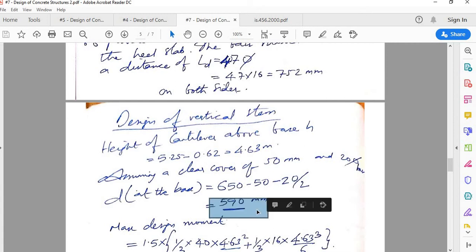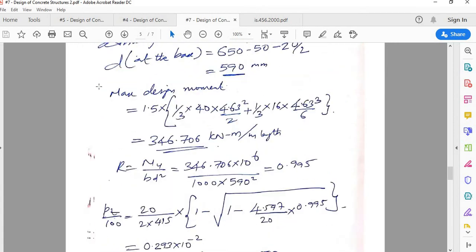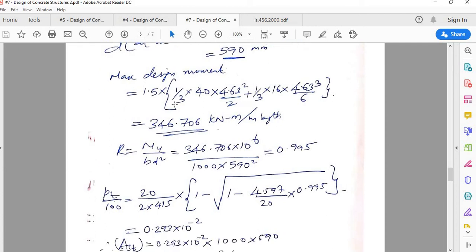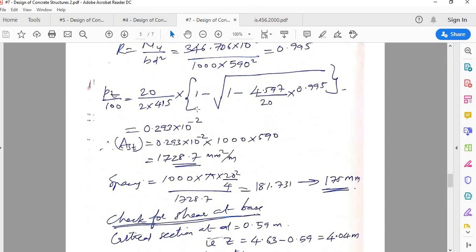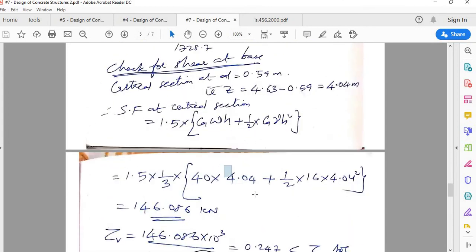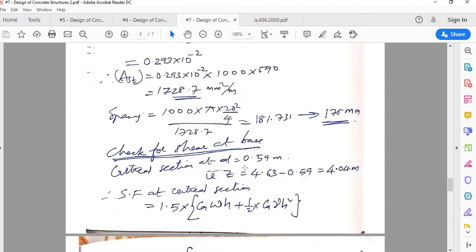Then same procedure, but here you will be using the active earth pressure and surcharge. The calculation is similar to what we use for overturning and sliding, but the height will change. Height will change not just for moment but for shear as well. Okay, so please take note of that.